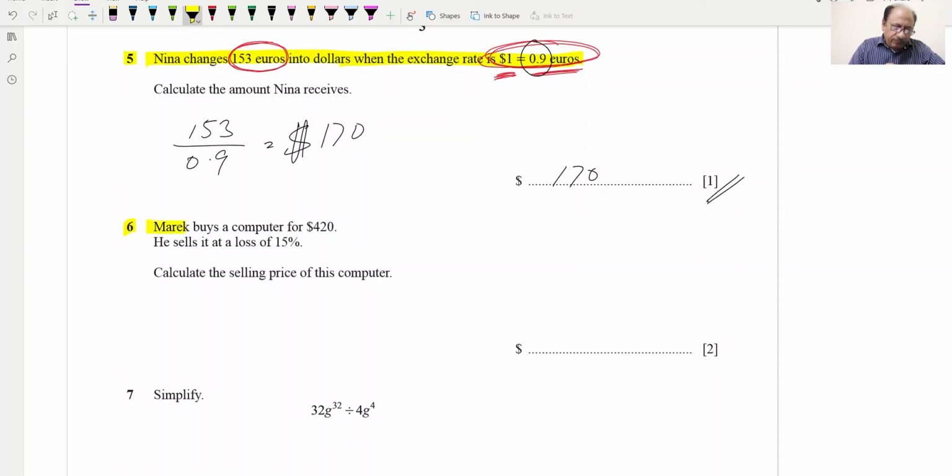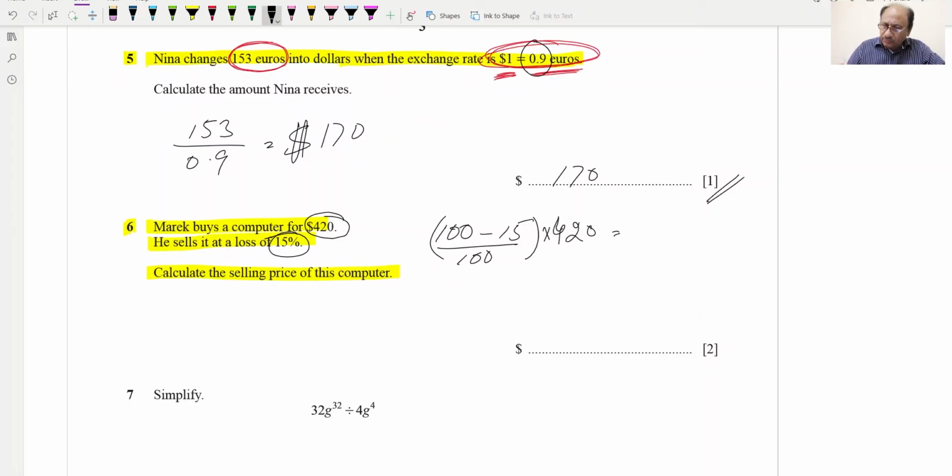Question number 7. Merrick buys a computer for $420. He sells it at a loss of 15%. Calculate the selling price of this computer. So we have to calculate the reduced or lesser price, which is the selling price, of 420, and 15% less. 15% less will be 100 minus 15 over 100, multiplied by 420.